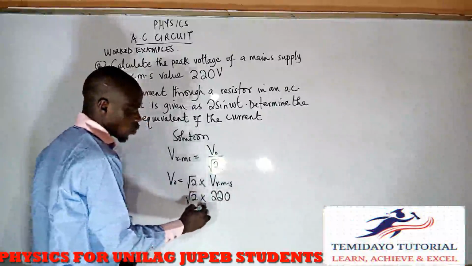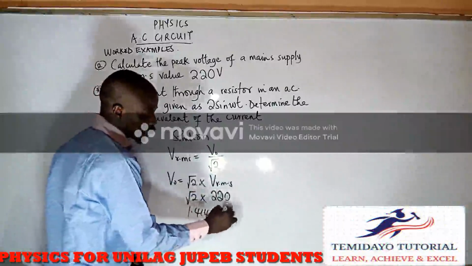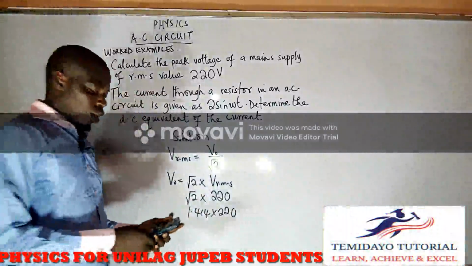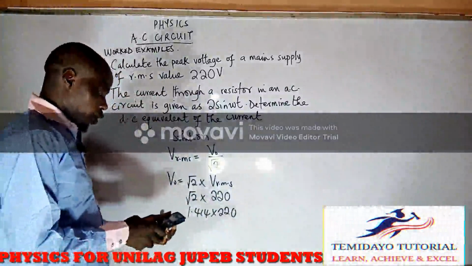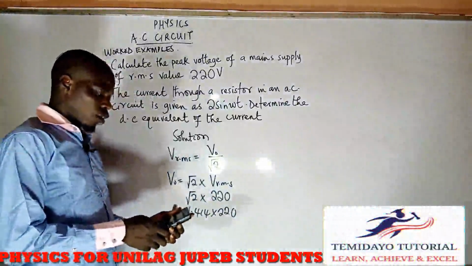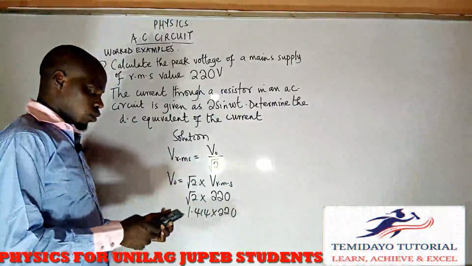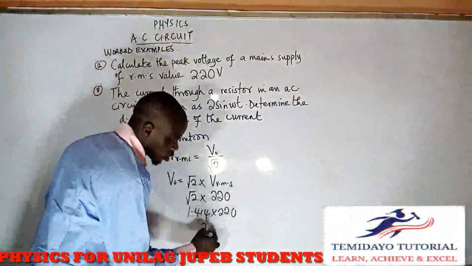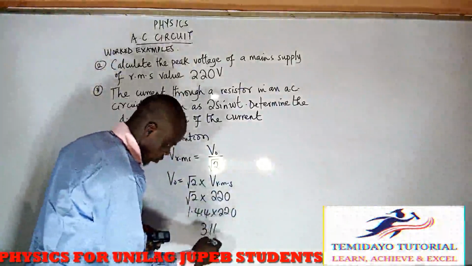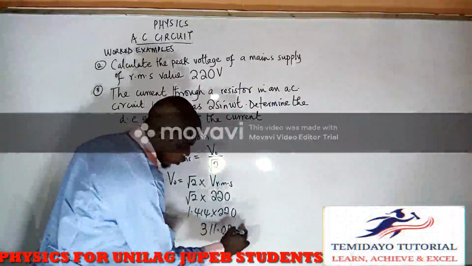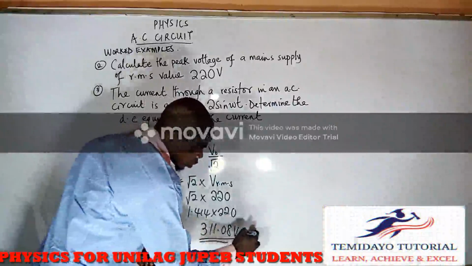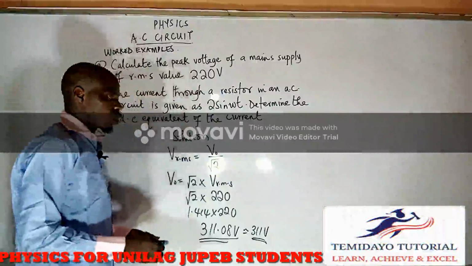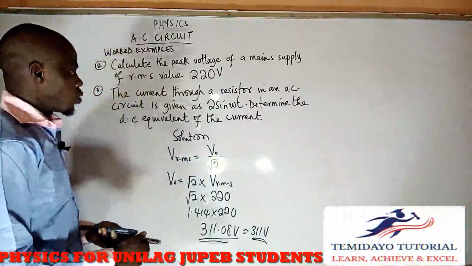Root 2 is equal to 1.414 times 220. If you press the calculator on that, you get 311.08 volts, or simply put, 311 volts. So that is how we calculate the peak value.